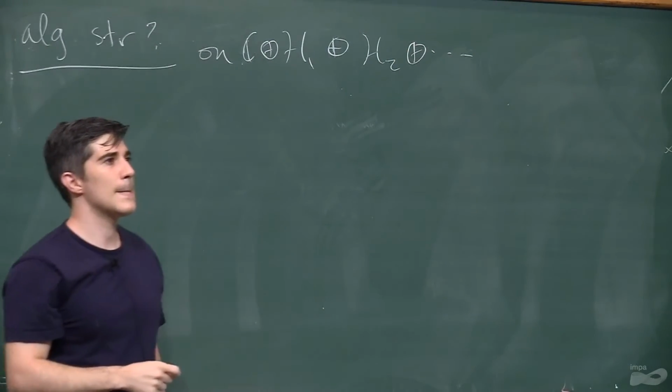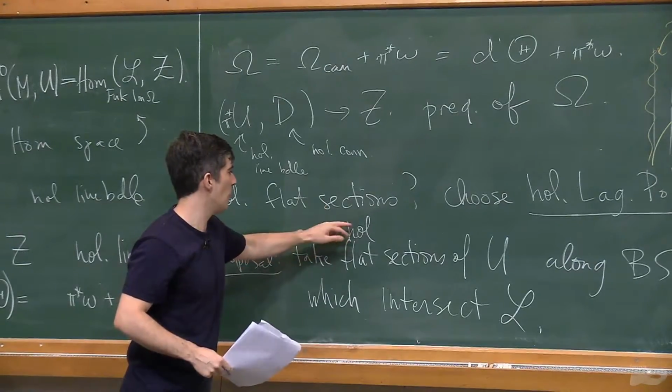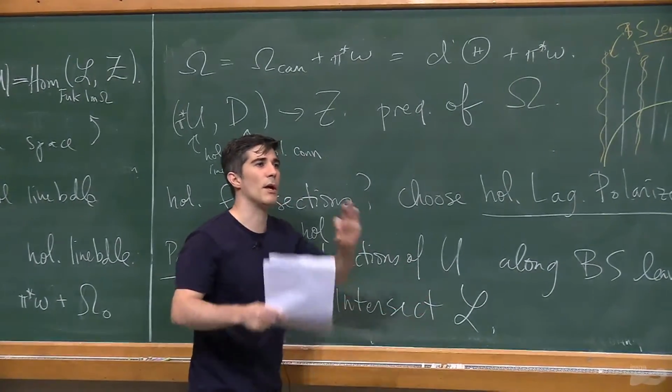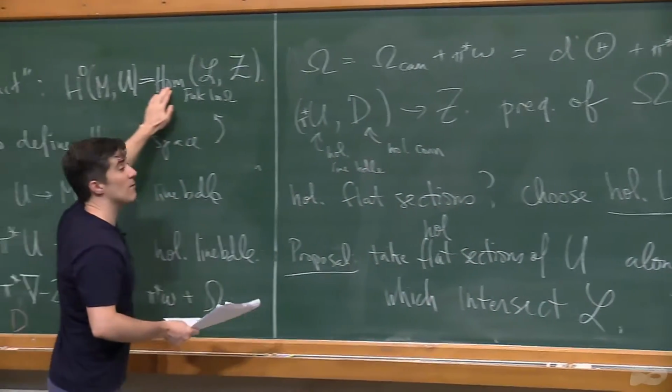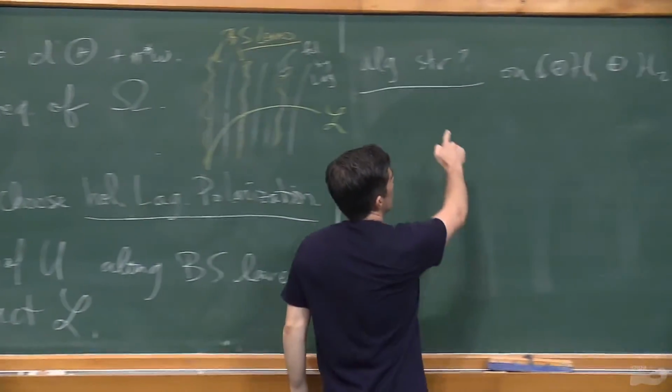But already for one vector space, you take those intersections and then what? What's the element? You take the sum of the space of holomorphic flat sections along all the Bohr-Sommerfeld leaves that intersect L. You get some big vector space, and that's this vector space. That's it.